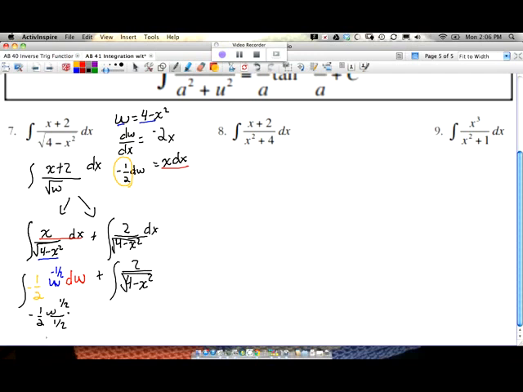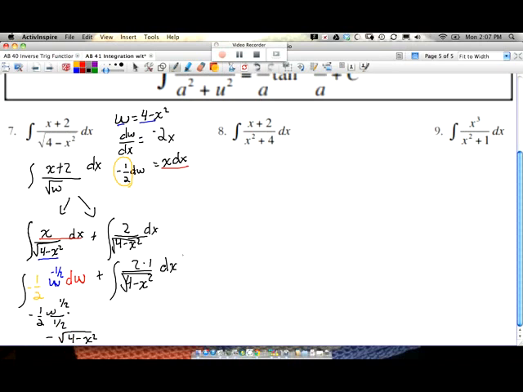Now the second piece, I look at it kind of like this. I see a 2, that's a constant, but then I really have the 1 over... what do we have here? No, that 2 is going to help. Yes, it is. Because if I say a equals 2, then this is kind of a squared.